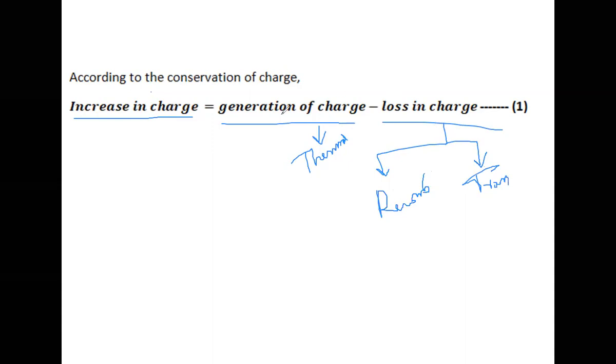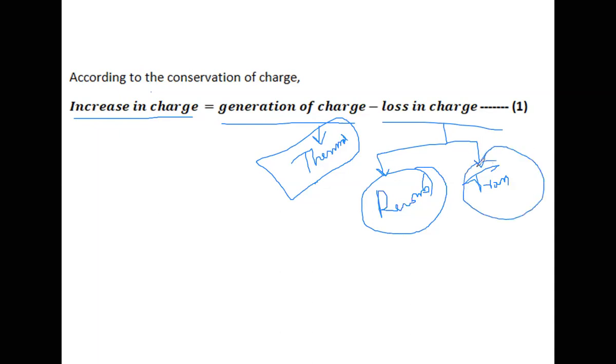So if you know the expression for the charge that is produced due to thermal excitation, the expression for the charge that is removed due to recombination, and the expression for the charge that is removed due to the transport mechanism, and substitute in this particular equation number 1, then we will get the increase in the charge within this particular semiconductor block of volume element A dX.